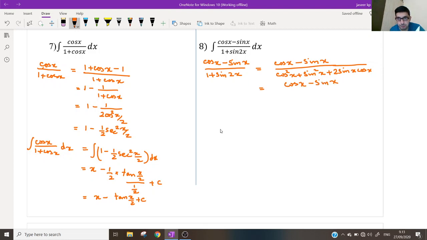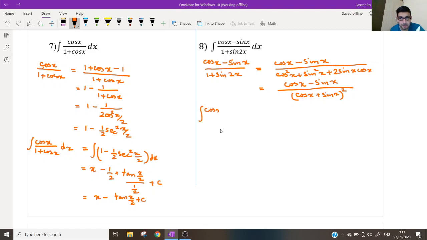If you observe, the denominator is of the form a square plus b square plus 2ab, which can be written as a plus b the whole square. That is nothing but cos x plus sin x the whole square. So the given expression we have rewritten as cos x minus sin x divided by cos x plus sin x the whole square. Now let us do the integration here.